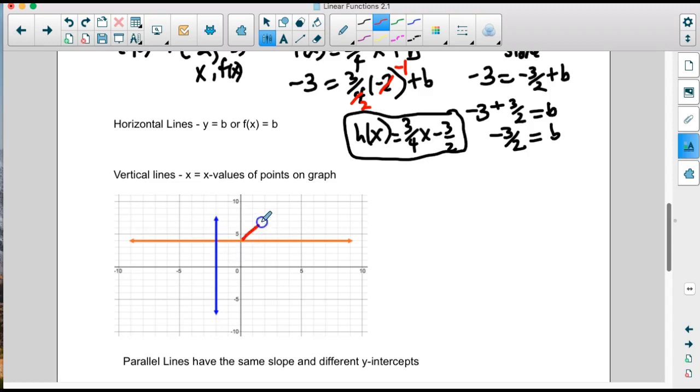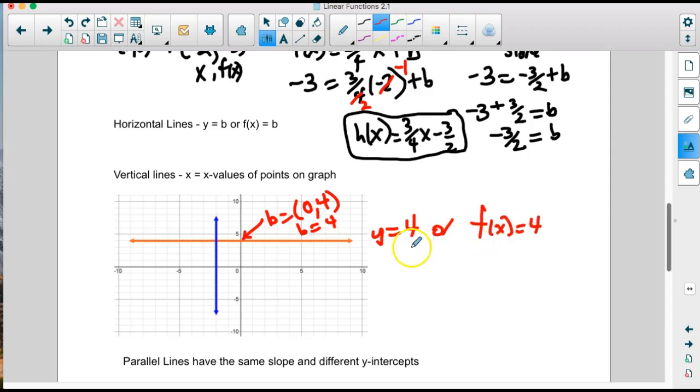Here is our b value. B is 0, 4. So b is 4. That means this graph here is going to be y equals 4, or f of x equals 4.